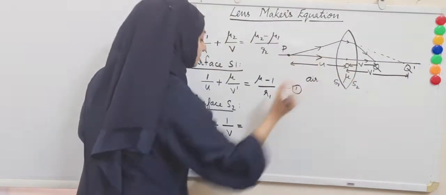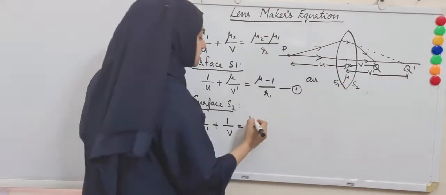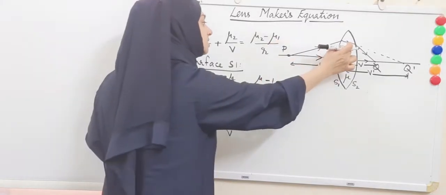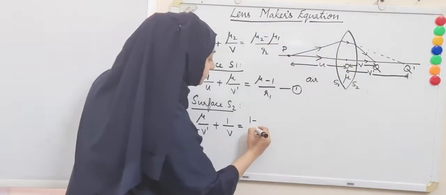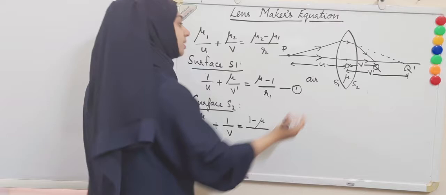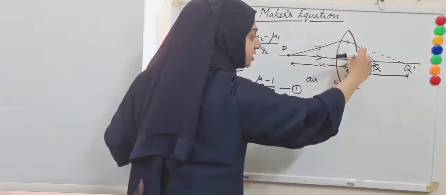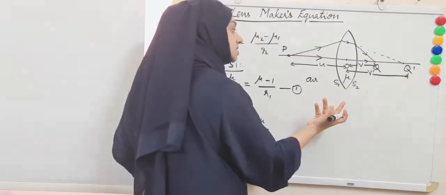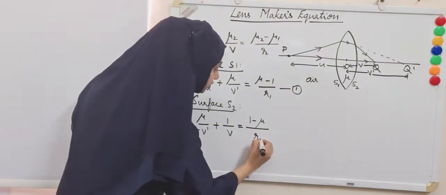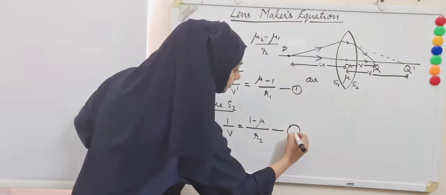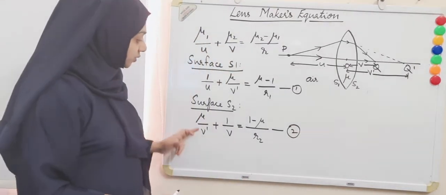Mu2, second medium having refractive index 1, minus mu1, first medium is the lens, so refractive index mu, divided by, let us take the radius of curvature for the second surface as R2. So R2. So this is equation 2.